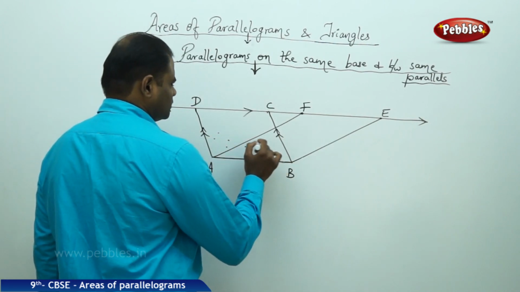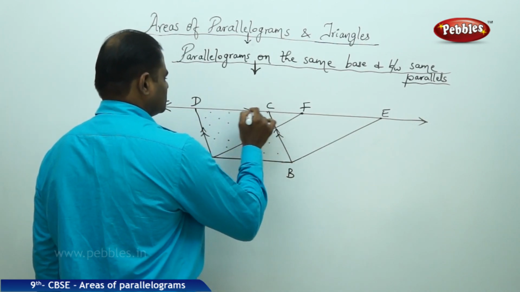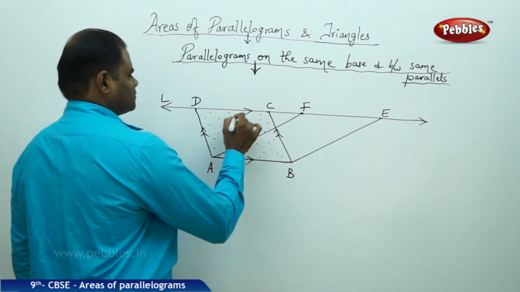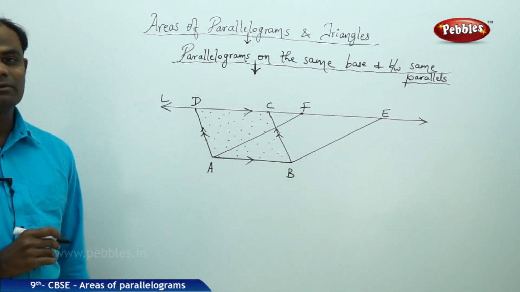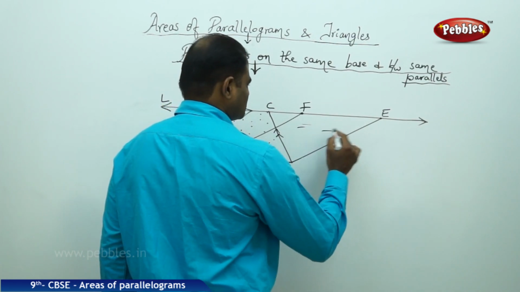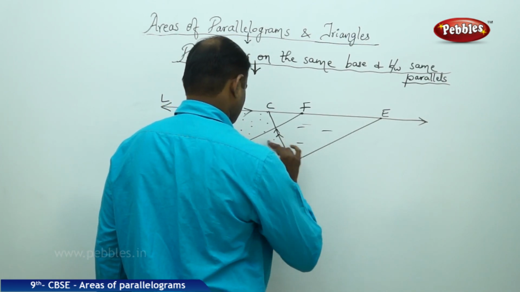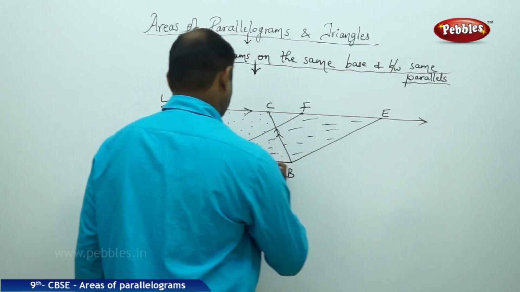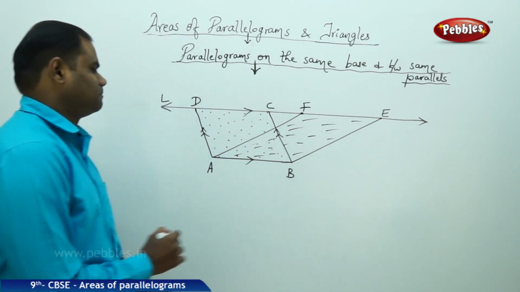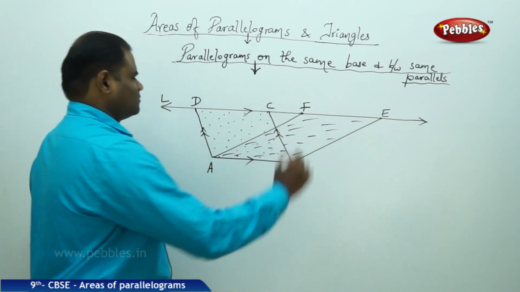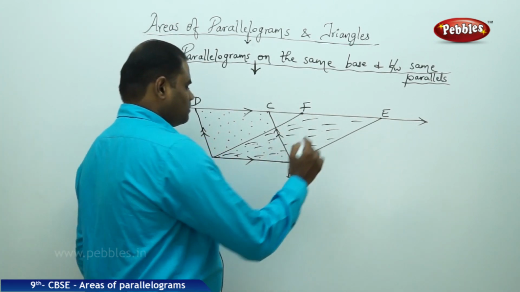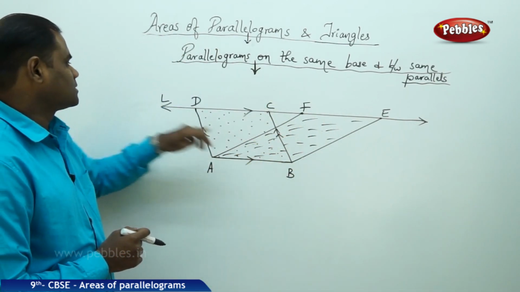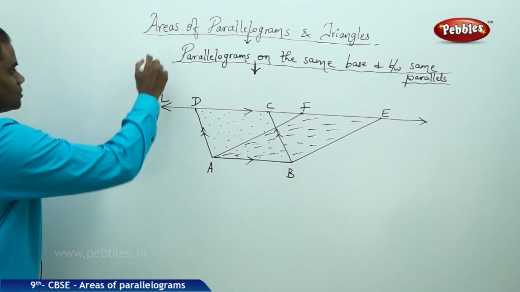One is the parallelogram obtained by ABCD, and the other parallelogram is this out here. So the two parallelograms are ABCD and ABEF, which are on the same base AB and between the parallel lines L and AB.